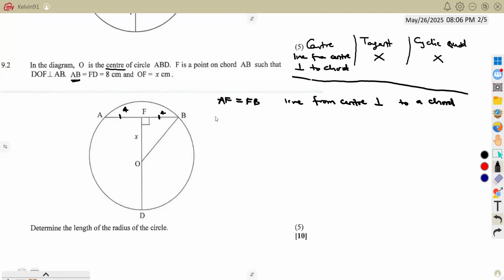So our FB must be equal to 4 centimeters.